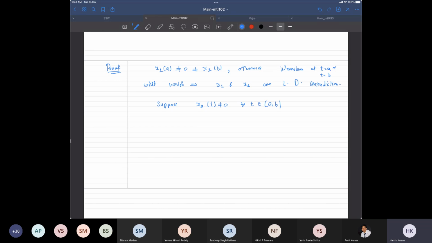Suppose this is true, then consider a function h(t) which is x1(t) by x2(t). Of course, if there is no zero of x2(t) in (a, b), this function is well defined on (a, b).